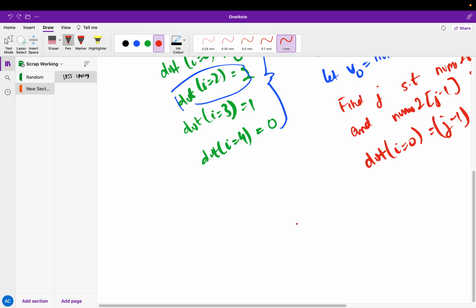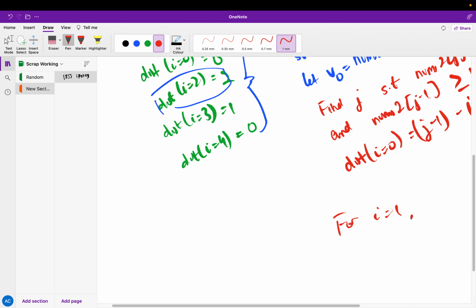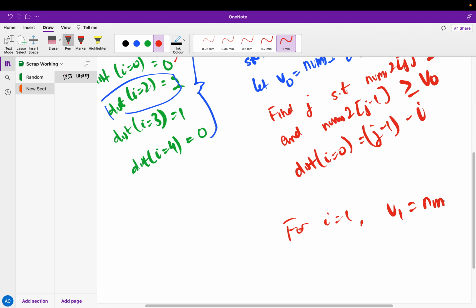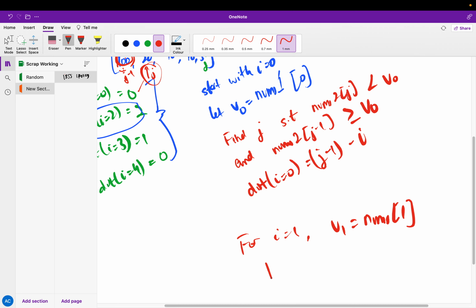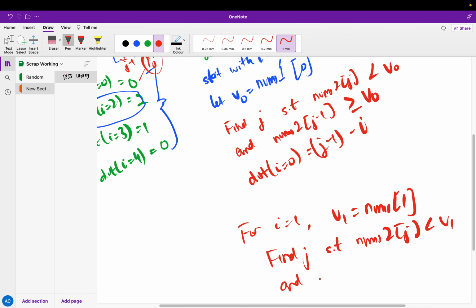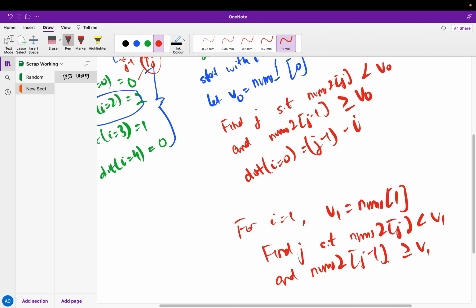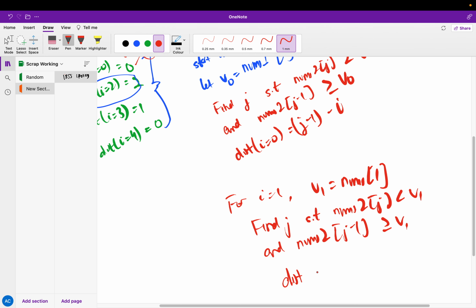So for i equals 1, v1 equals nums1 at 1. Then find j such that, again, nums2 at j is less than v1, and nums2 at j minus 1 is greater than or equal to v1. Now, the distance for i equals 1 is going to be j minus 1 minus i.